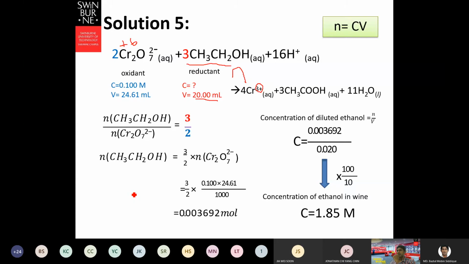Since we find the number of moles, from there we can find the concentration and multiply with the dilution factor, so that we find the original concentration of the ethanol in the undiluted solution.